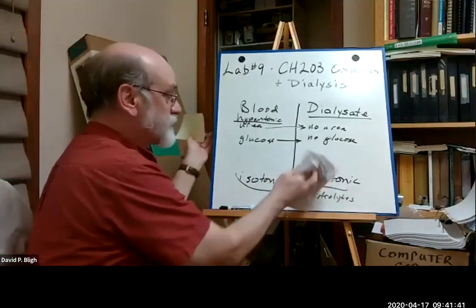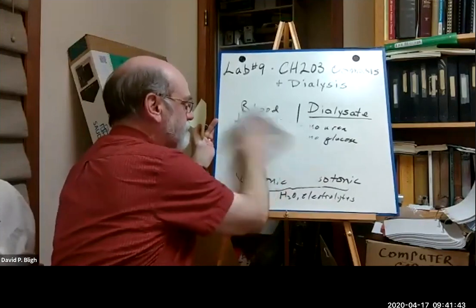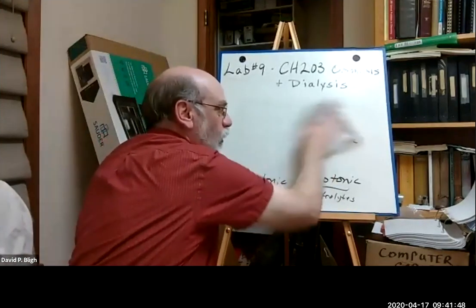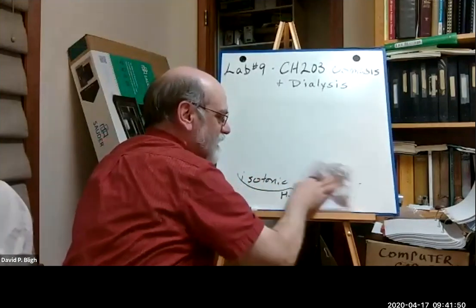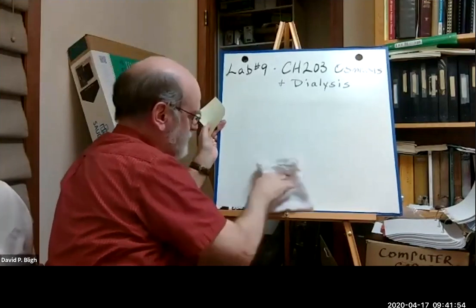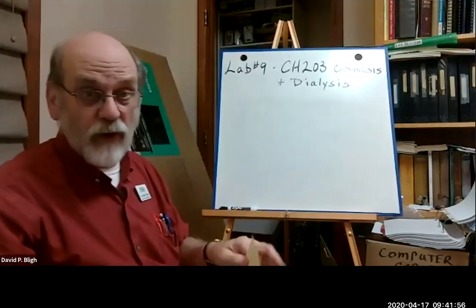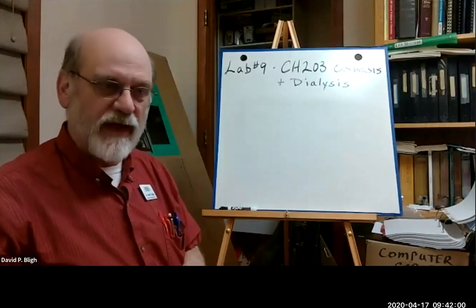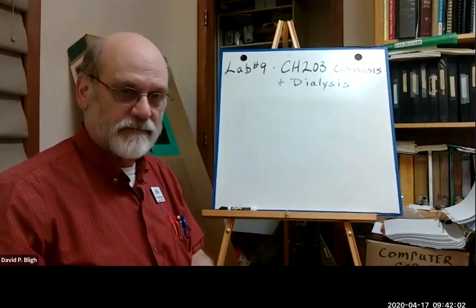It's called dialysis tubing. It comes in a flat roll, and it has low moisture. I mean, it's not bone dry, but it's very low moisture. And before you use it, you have to hydrate it, right?